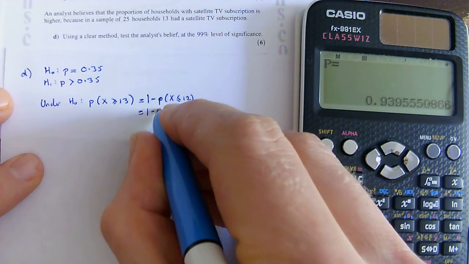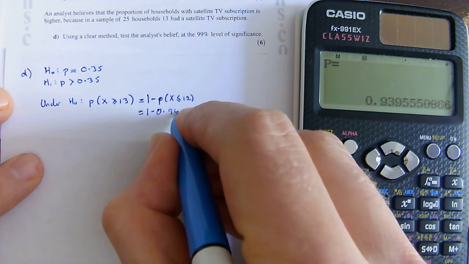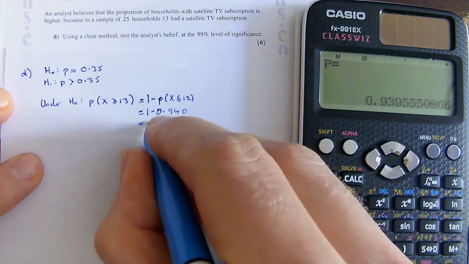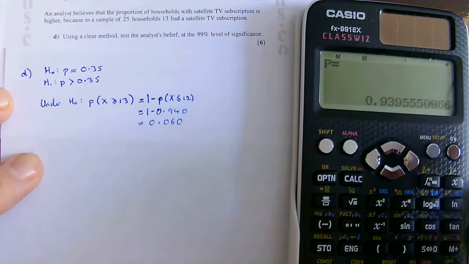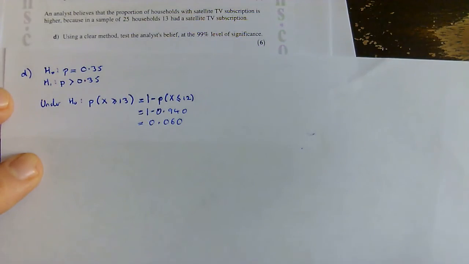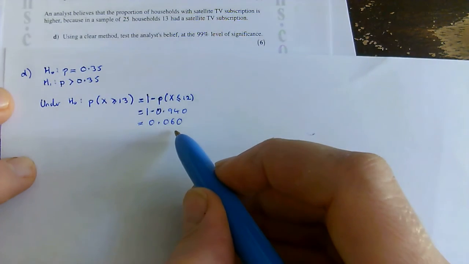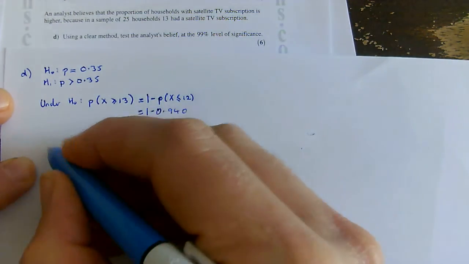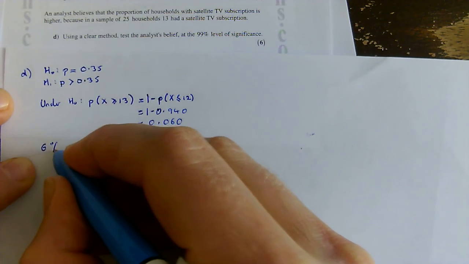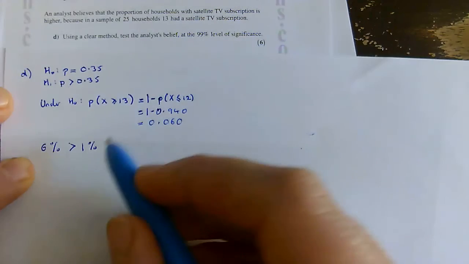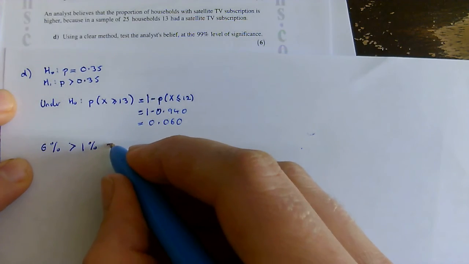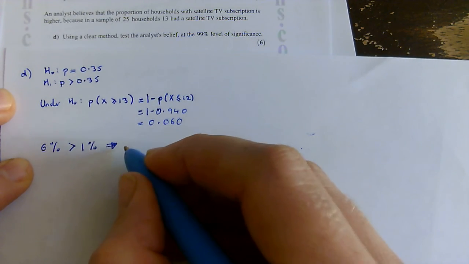1 minus 0.940, which is 0.060. So the chance of seeing a result as extreme as what he saw was 6%. So because 6% is greater than the 1% significance level, there's not enough evidence to reject h0.